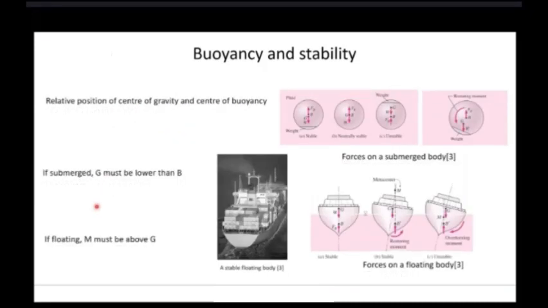On the previous slide, we saw how, if an object is fully submerged in a fluid, we can calculate the buoyancy force, the force which the fluid would exert on that object. However, we don't always have objects which are fully submerged. In this image, we can see clearly an object which is partially submerged in that fluid.